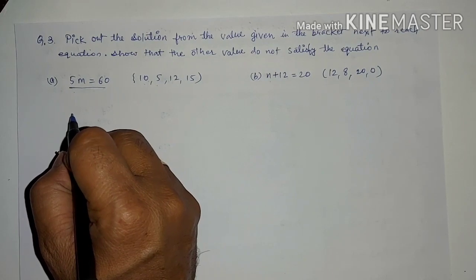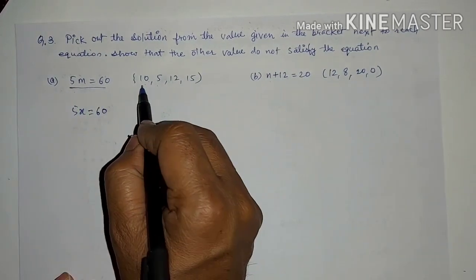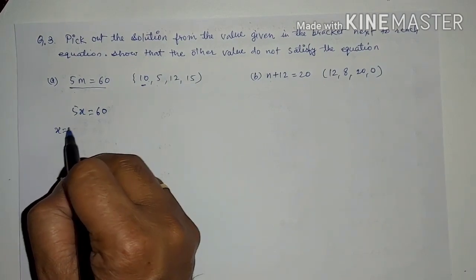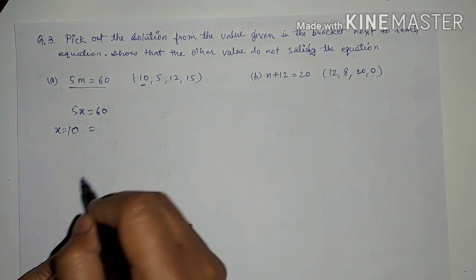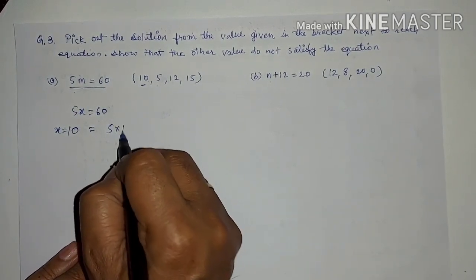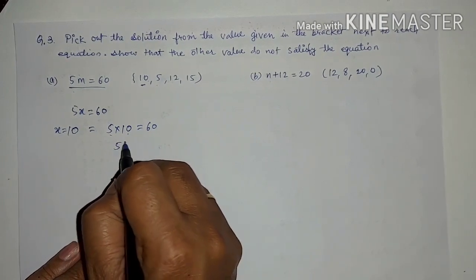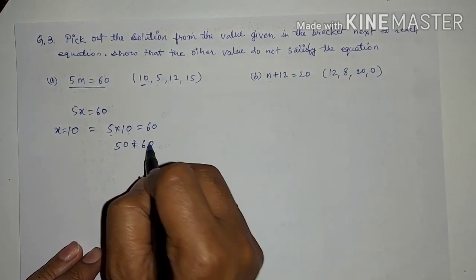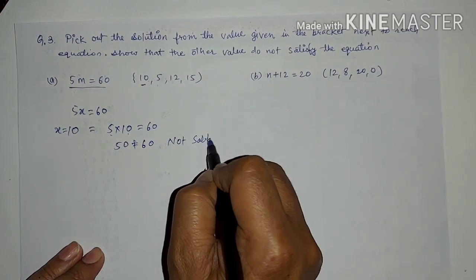The first equation is 5x = 60. The first number is 10, that is x = 10. It means 5 × 10 = 50, which is not equal to 60. It means not satisfied.